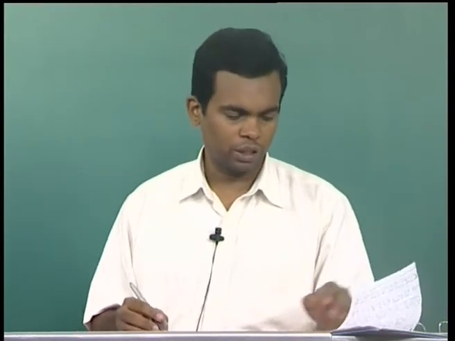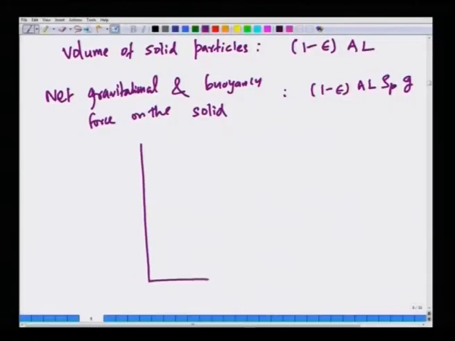Because if you have to do a thought experiment, I am going to plot delta p versus the superficial velocity. Initially, when you increase the superficial velocity, you will find that as per the packed bed relation, the delta p will be directly proportional to velocity if the Reynolds number is low.